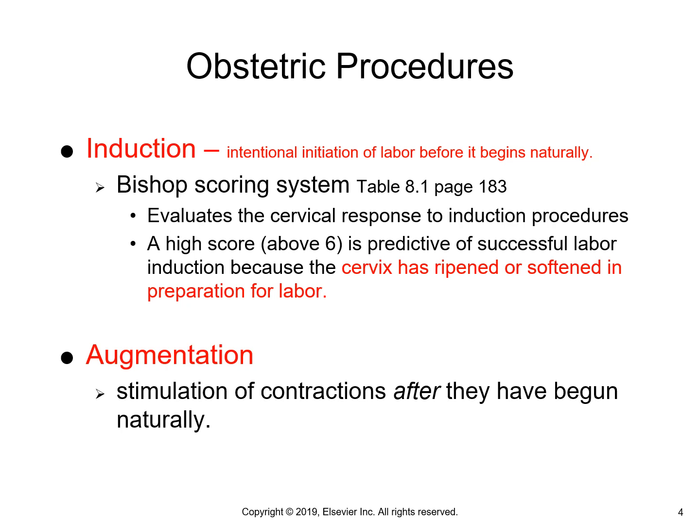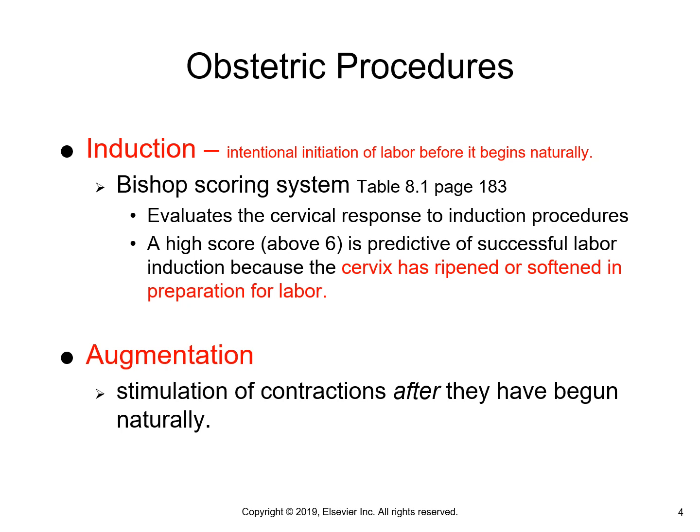Bishop's scoring system. This one is on page 183, your table 8.1. This one evaluates the cervical response to induction procedures. After we start that induction process, then we do a Bishop scoring system, which evaluates the cervical response to the induction.